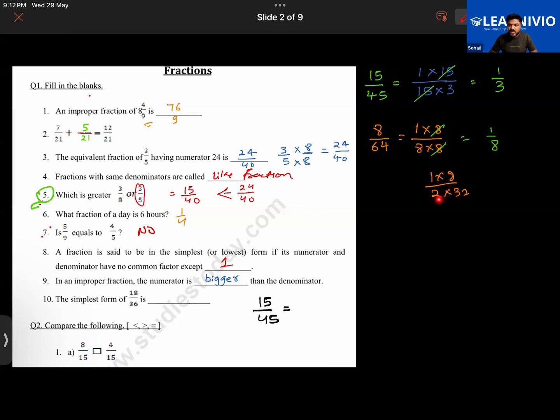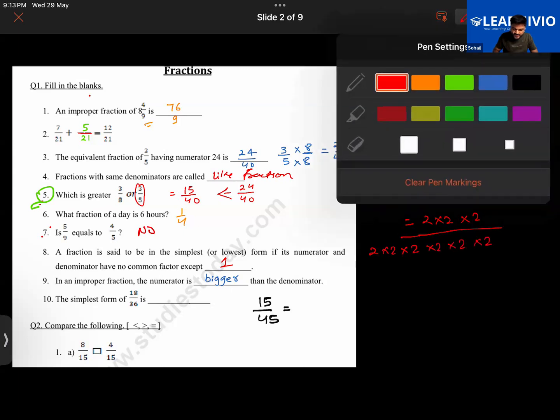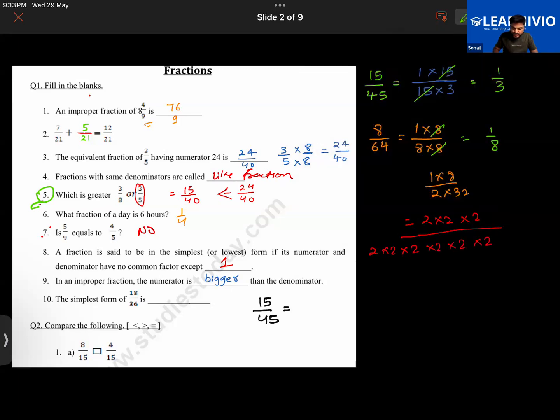Now, in exam, if you face difficulty, you can write 8 as 2 times 2 times 2. 2 2s are 4, 4 2s are 8. 64 can be written like this. You can write it like this: 3 2s in the numerator, 3 2s in the denominator.